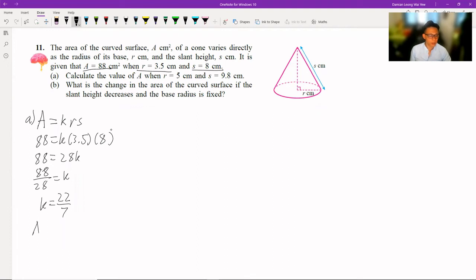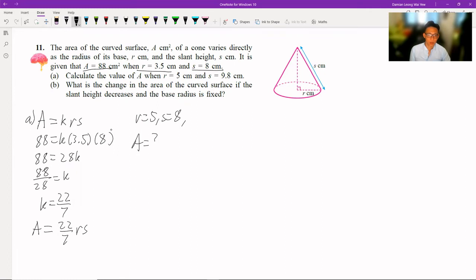So in other words, my equation would be A equals 22 over 7 RS. I want A when R is 5 and S is 9.8. So substitute these two values into the equation.